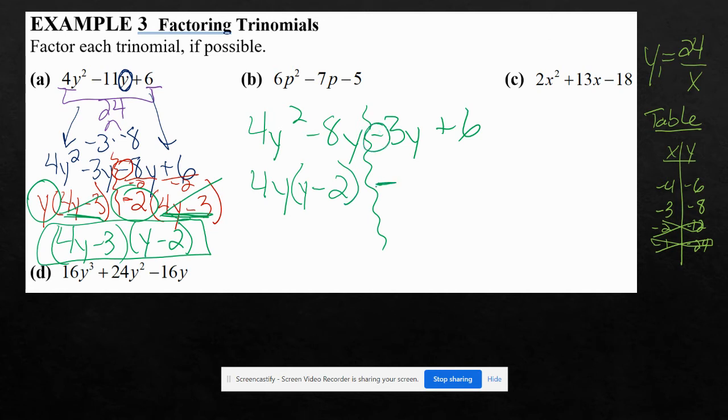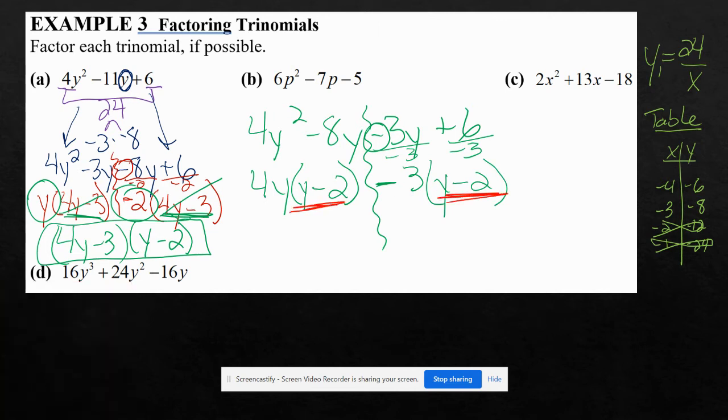That part starts with minus. Our greatest common factor between 3y and 6 is 3. Remember, it's negative 3, so we're dividing by negative 3 there. Negative 3y divided by negative 3 is positive y. Positive 6 divided by negative 3 is negative 2.